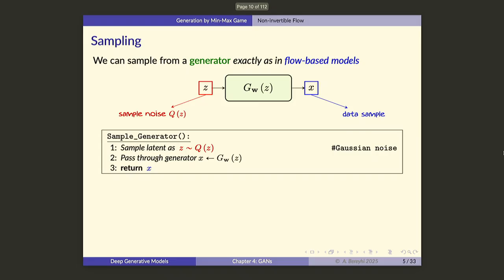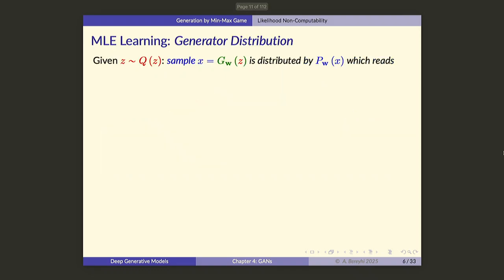Now, sampling from this is again easy as before, right? You just sample latent space, easy. You pass it through G. As long as G can go forward, everything is fine. So that is no problem. But the whole issue is: what if we want to train such an architecture?